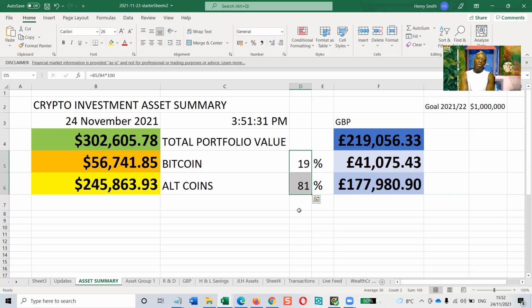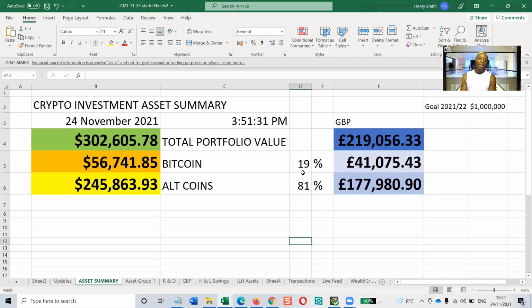What this shows is that the altcoins have grown a little faster than Bitcoin, so it now looks like 19%, 81%. It could change again if Bitcoin starts to grow fast, but right now the altcoins have achieved some level of momentum, slightly leaving Bitcoin behind temporarily. But we shall watch and see.